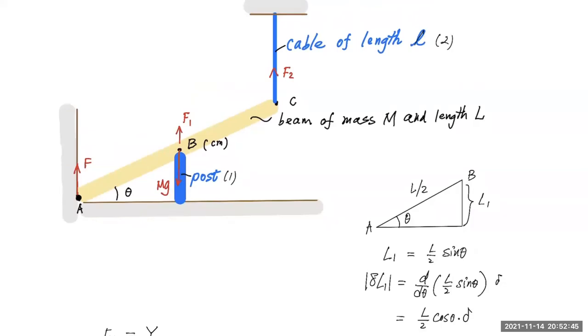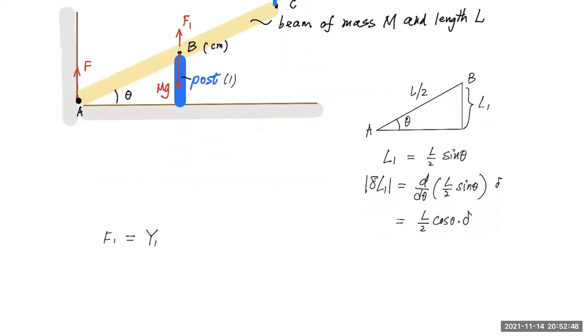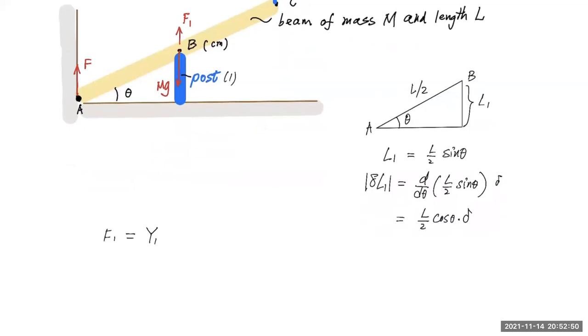The cable length, we call it L2. So what is F1 equal to? F1 equals the Young's modulus, times the amount of stretch, the absolute value of delta L1, divided by its original length.